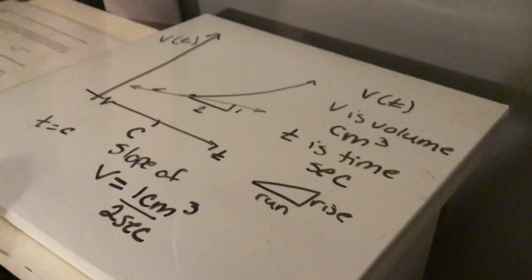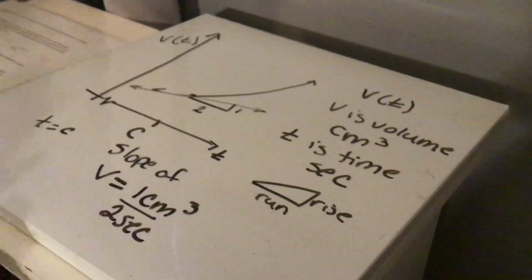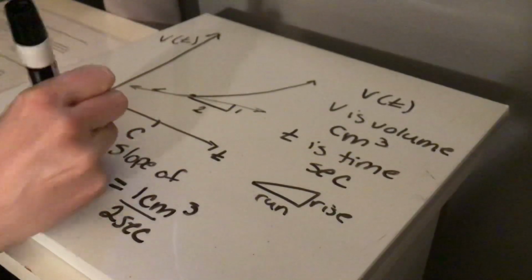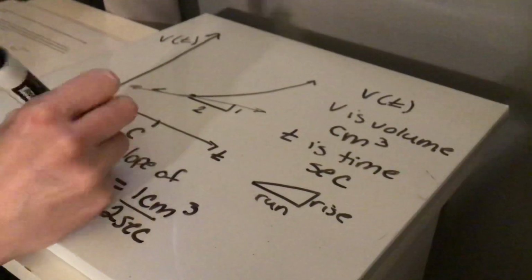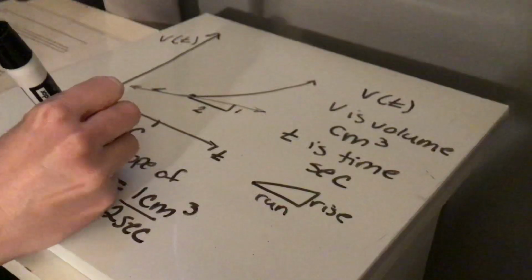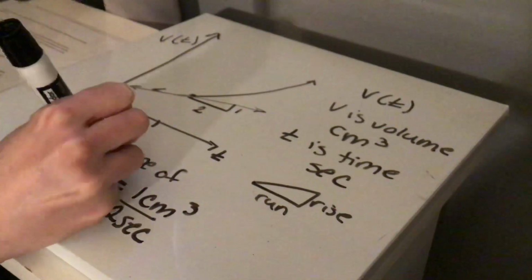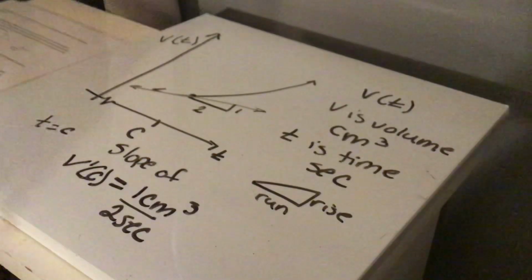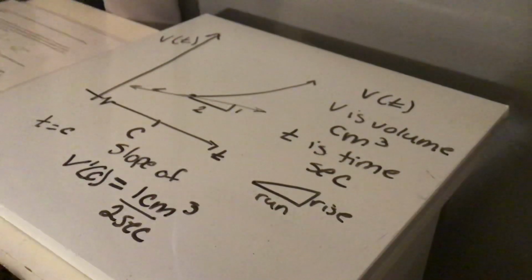And then the run is in time. We know that the slope of a line is equal to the value of the derivative at that point. So volume prime at point c is equal to 1 cubic centimeter over 2 seconds. So we're assigning some units now to this idea of a derivative.